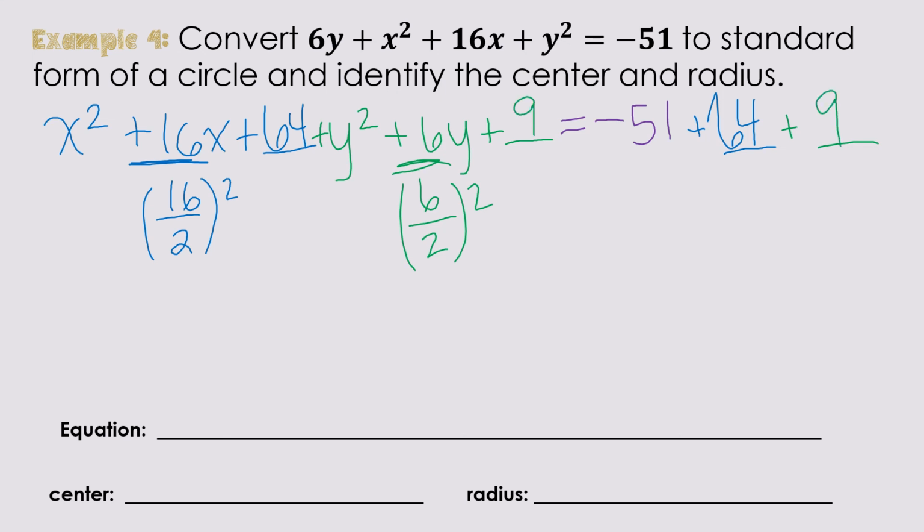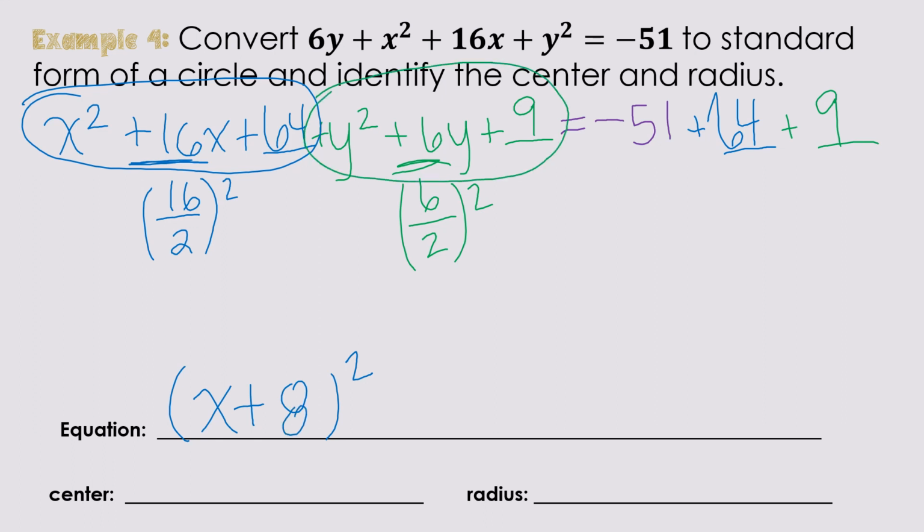Now we're ready to factor the x squared plus 16x plus 64. It will always be x plus half of a, squared. Since our a was 16 and half of 16 is 8, it becomes x plus 8 squared. Now let's factor our y squared plus 6y plus 9.